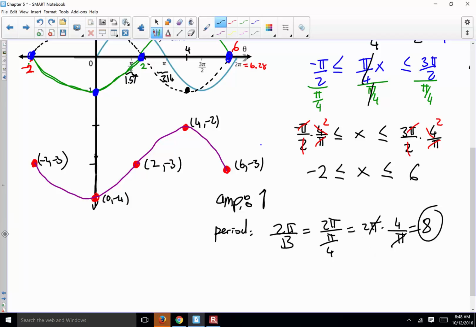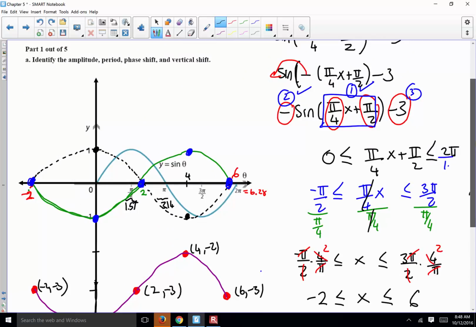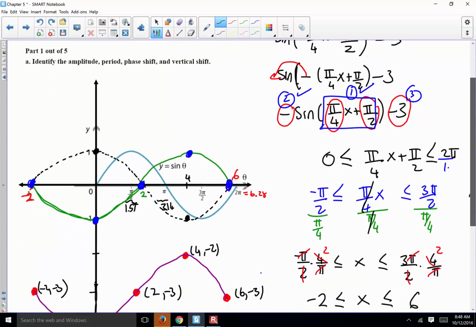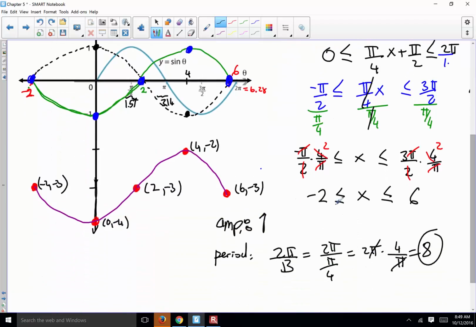Do we have a phase shift? What is the phase shift? It's this number always, right?